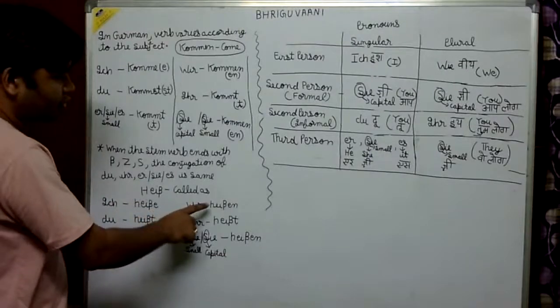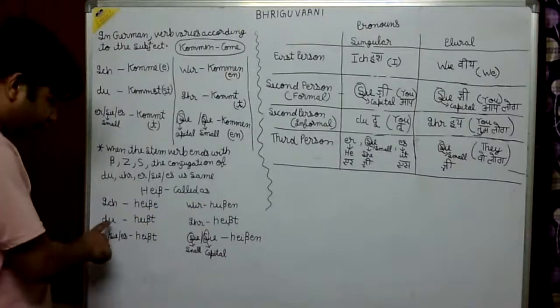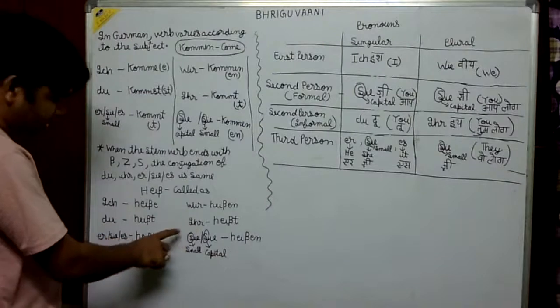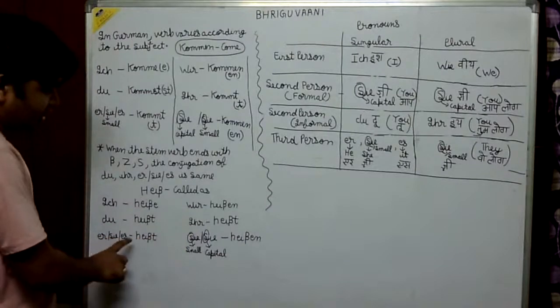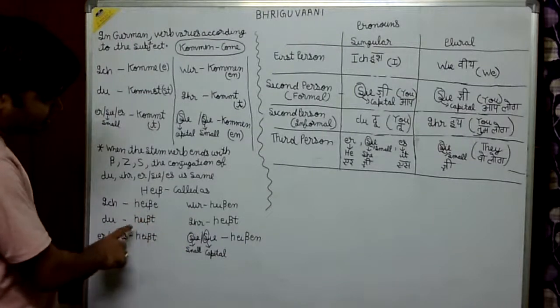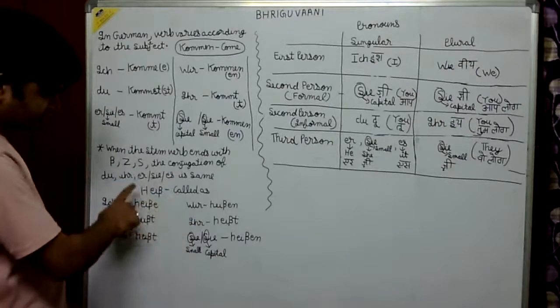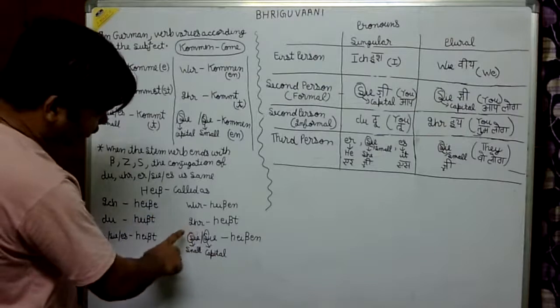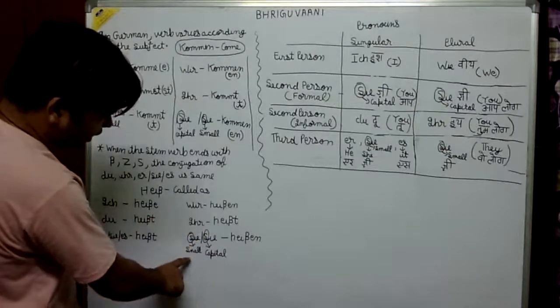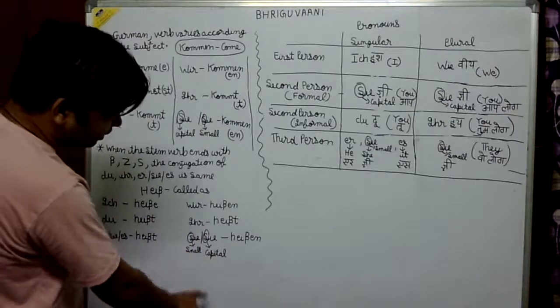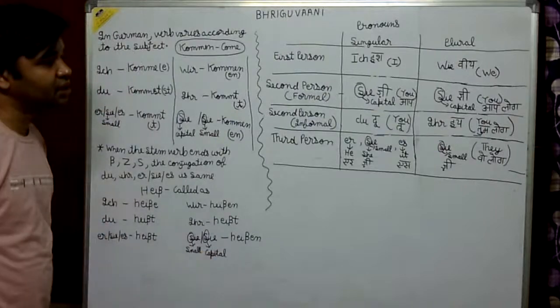For wir we say heißen. For du, ihr and er, es, sie we are using the same form, heißt, as written here. And for sie when s is small and Sie when S is capital we say heißen.